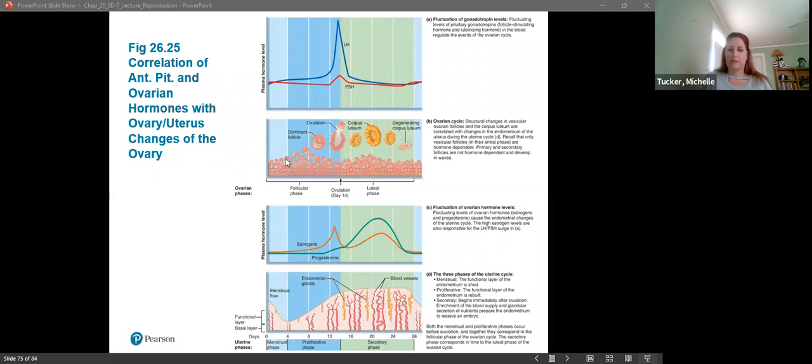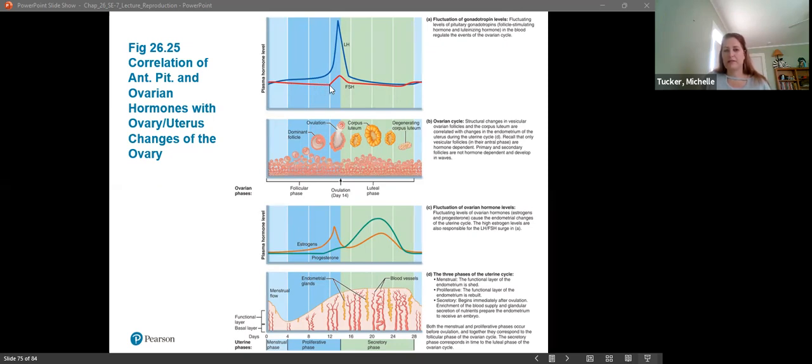As the follicles start to develop, they start to produce estrogen. This phase here of slightly rising estrogen has a negative feedback to the hypothalamus and the anterior pituitary to decrease follicle stimulating hormone.